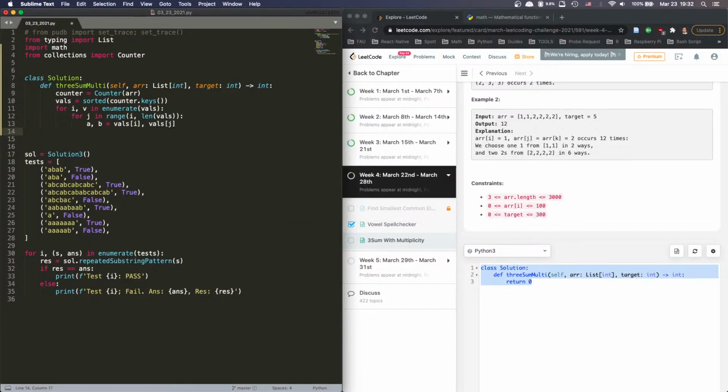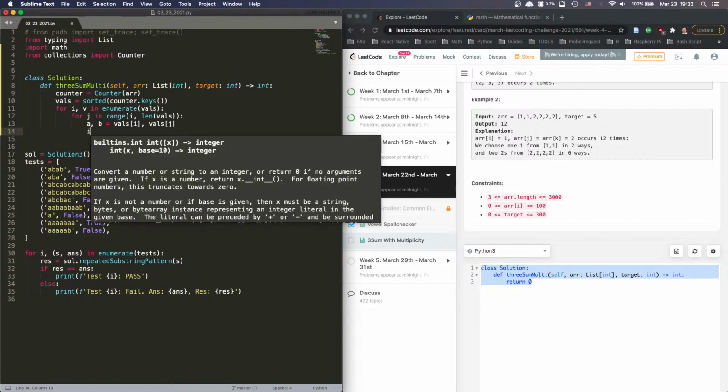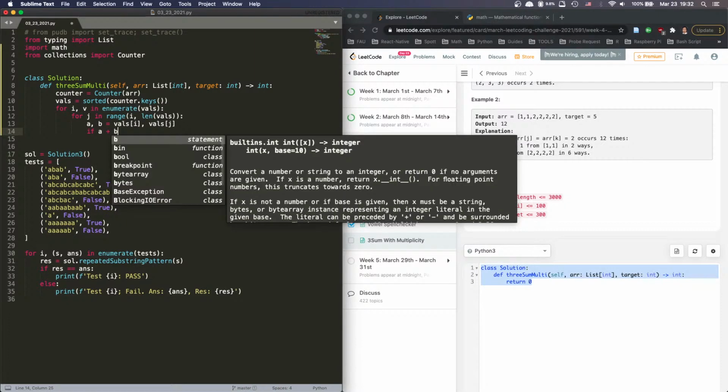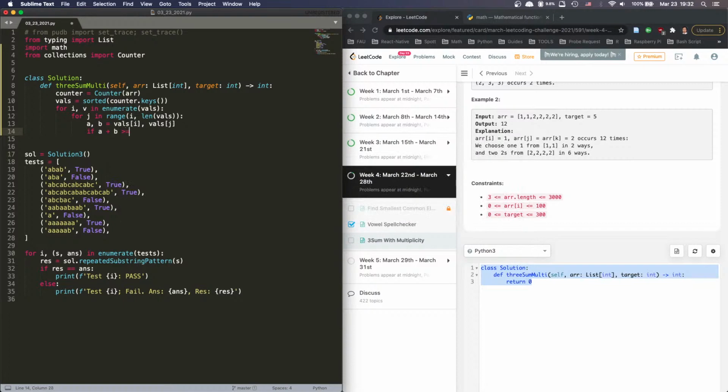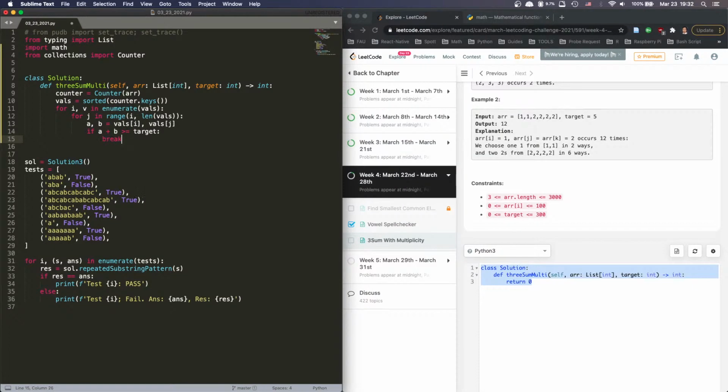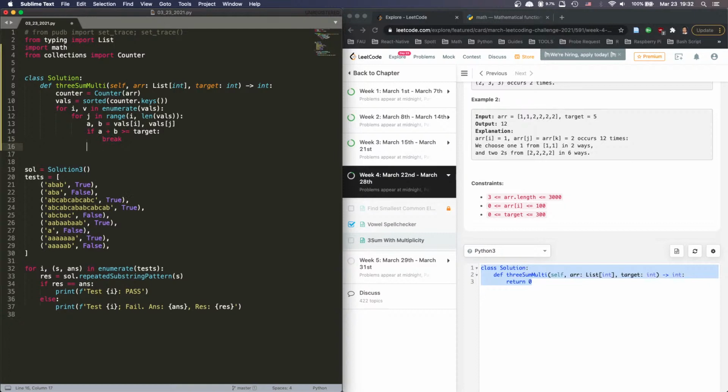So the first two values, and let's put some check on it. So the check is if A plus B is larger or equal to target, then we're going to break. All right, that's the first check.